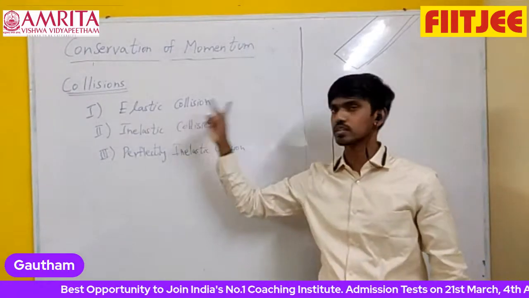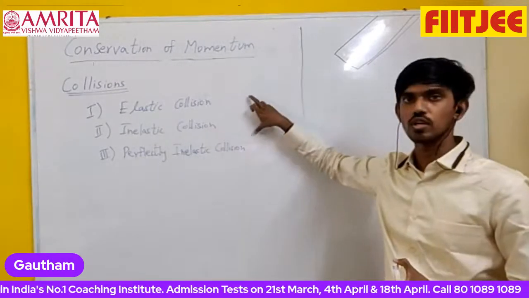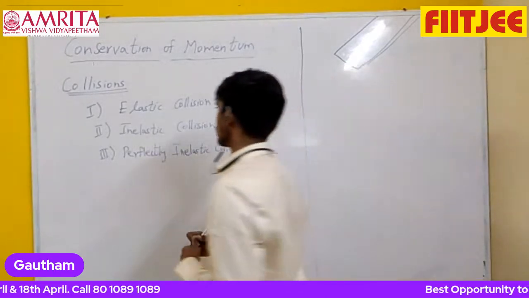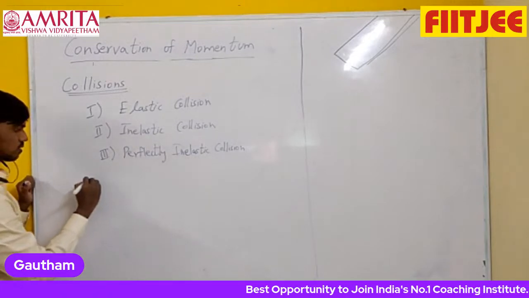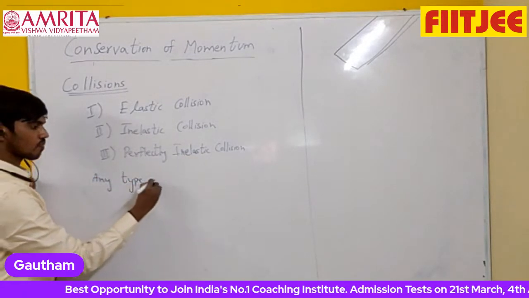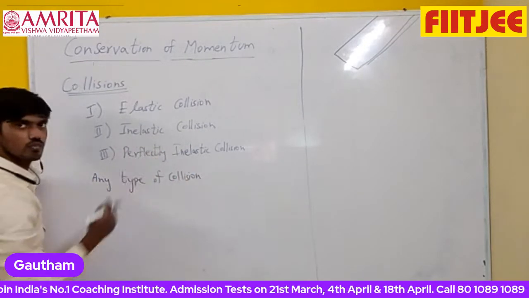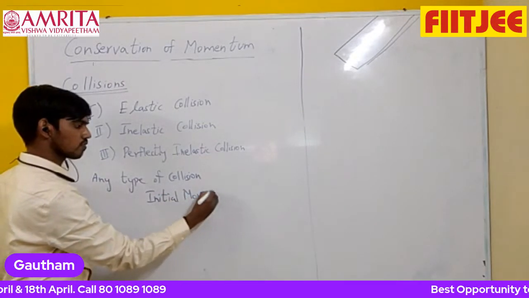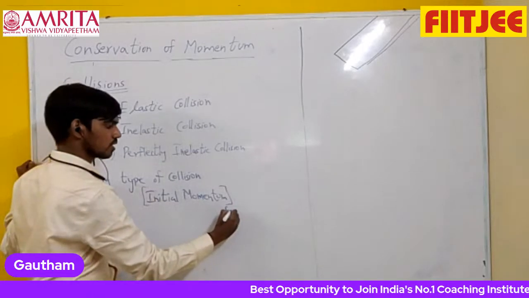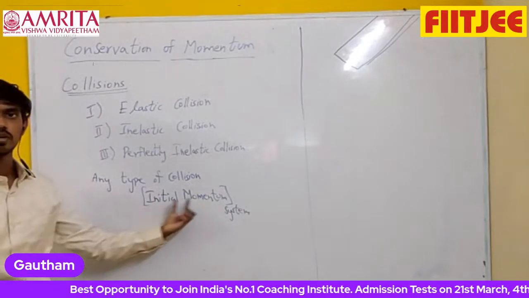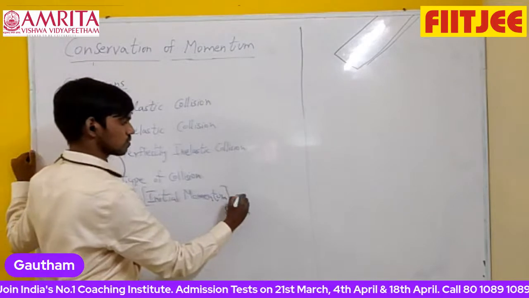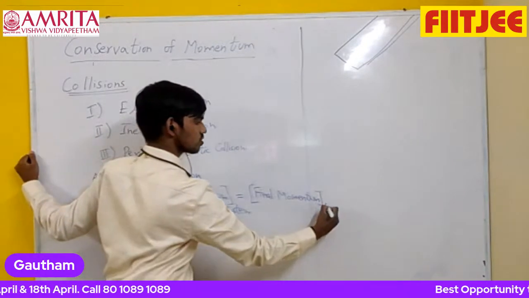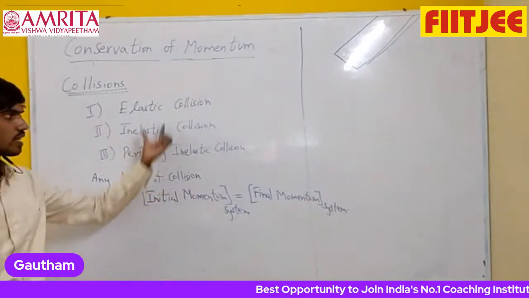If two bodies are colliding with each other, then for the system there is no force from outside. Since there is no external force, for any type of collision we can always conserve the combined momentum of the system. So for any type of collision, this is very important: the initial momentum of the system, that is, the total of the momenta of the two bodies before colliding, is equal to the final momentum of the system. This is applicable in all types of collision.